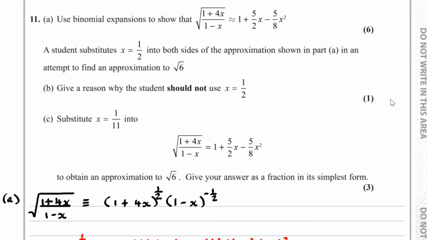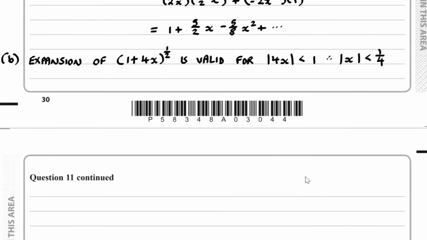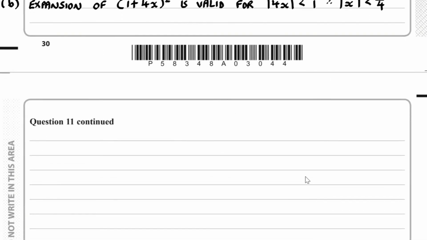Then for part C, we have to substitute x equals 1/11 into the square root of 1 plus 4x over 1 minus x equals 1 plus 5 over 2x minus 5 over 8x squared, to obtain an approximation to root 6. We have to give our answer in its simplest form. So, for part C of the question, I have to use x equals 1 over 11.